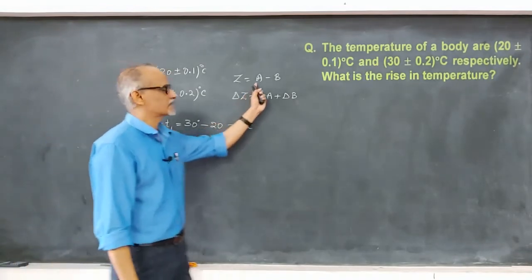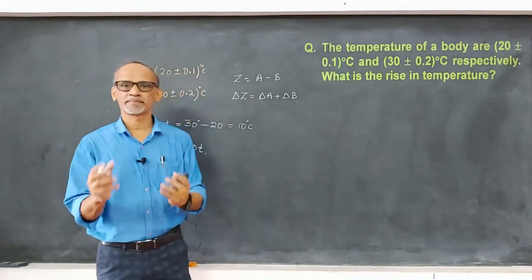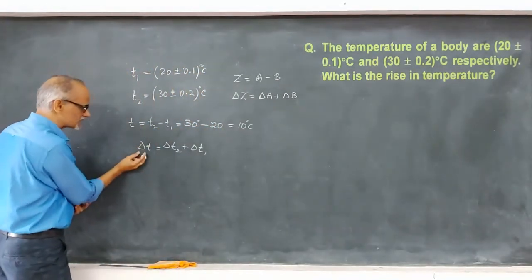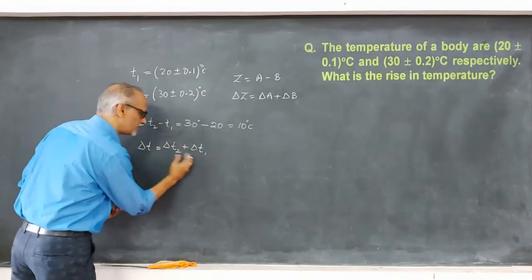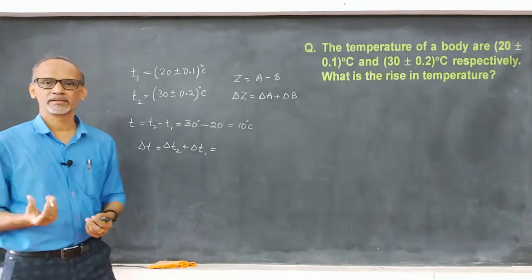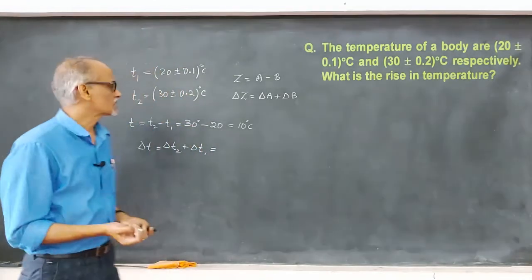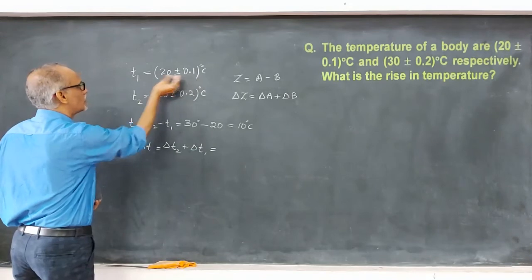Remember, even though we are subtracting, we always have to add the absolute errors. What do delta T2 and delta T1 mean? They are nothing but the absolute errors, which are the least count of the device. And the least count of the device is always given along with the value. See, this is the least count of T1.